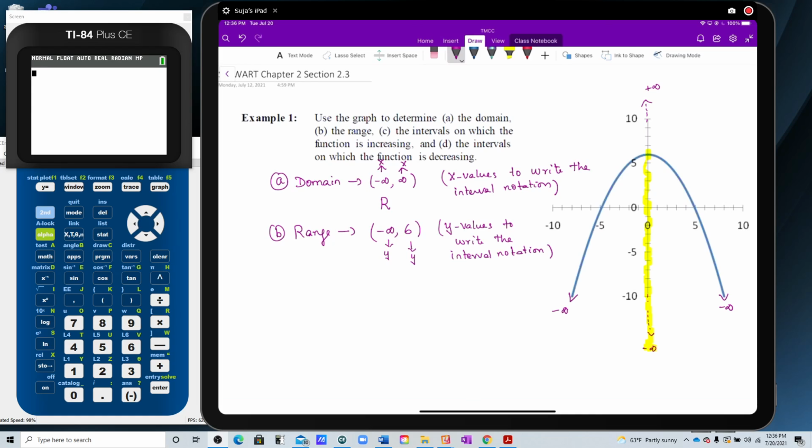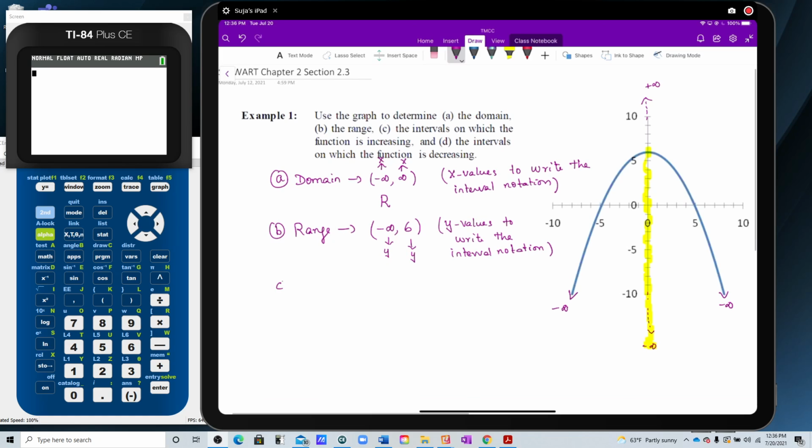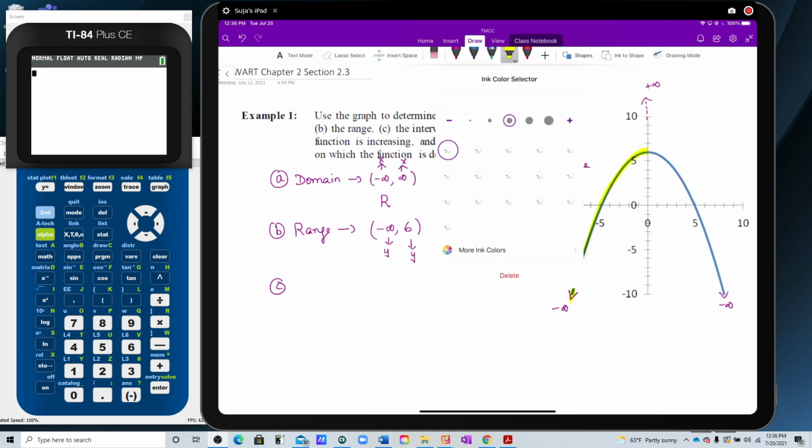So part C is asking for the interval on which the function is increasing. By looking at this graph, we can say that if I start from negative infinity all the way up to this point, the function is increasing.